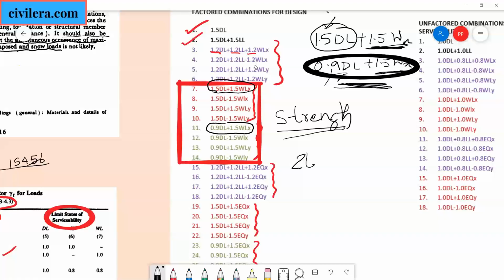Is it clear to everyone? Do you want me to explain anything again? Leave aside how to create combinations and how to create the envelope in ETABS. Only the point, why we need this many combinations and why this one combination is very critical. If anyone has any doubt, please raise and ask me.